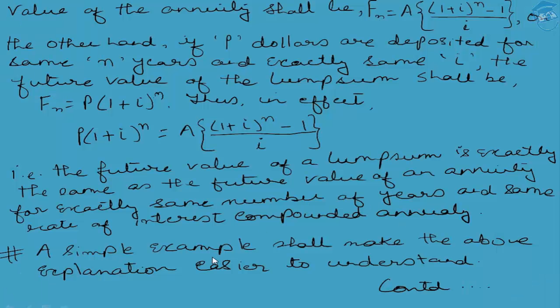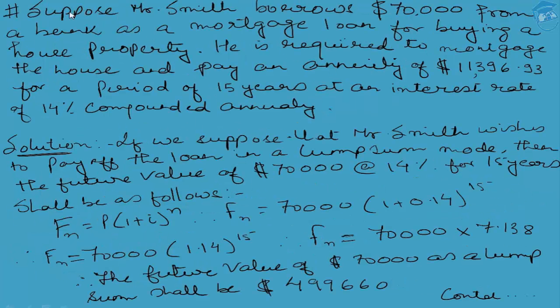Now let's take up a simple example which will make you understand this entire concept in a more lucid manner. The example says, suppose Mr. Smith borrows 70,000 USD from a bank as a mortgage loan for buying a house property. Try to understand this question very carefully, students.